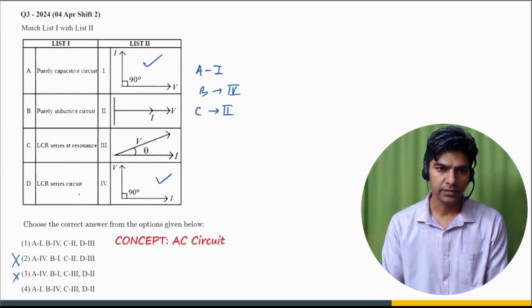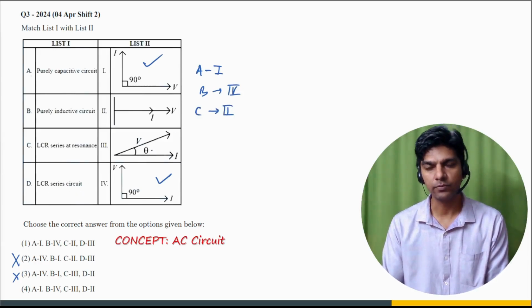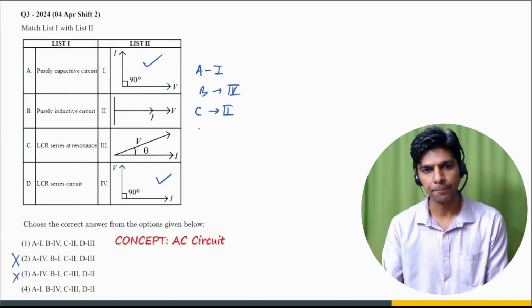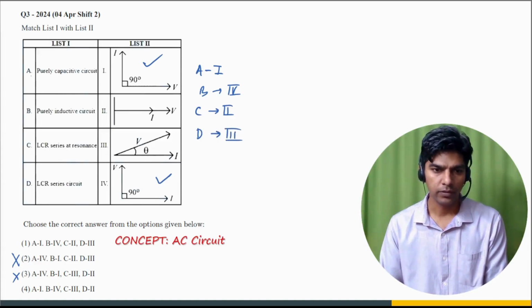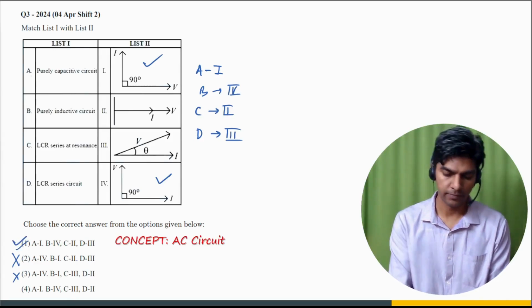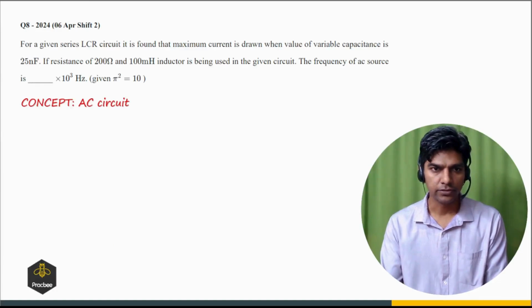And in an LCR circuit, yes, there can be some finite phase difference, phi. So D is 3. So let us compare A1, B4, C2 and D3. So option 1 is the right answer. Okay, let us see the next question.